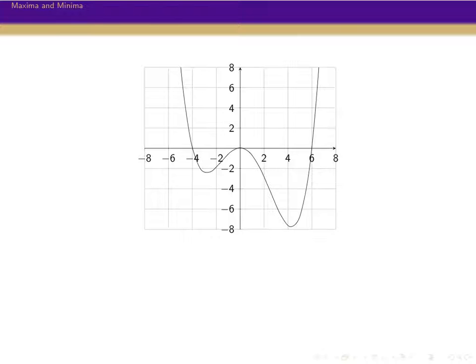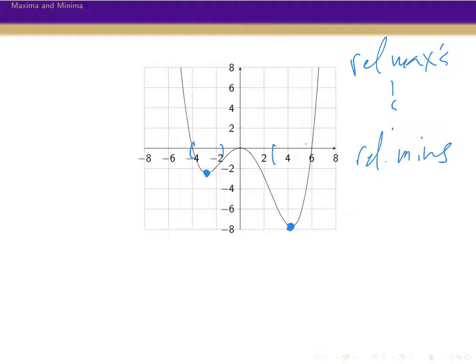Okay, so this is the example we had from the last video where we were looking at increasing, decreasing, concave up and concave down. For this one, let's just look at where the relative maxima and minima are. So where are the relative maxes and mins? Okay, and so looking at this, these two spots right here, you can look at intervals around those points.